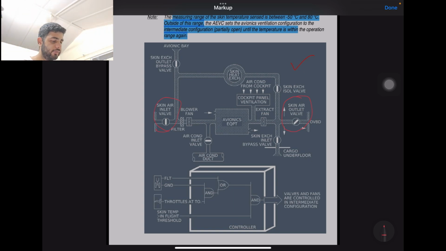So if you can imagine it, you can say your intermediate configuration is a closed config, but your skin air outlet valve is partially open, because that small flap is open. That's the point of how your intermediate configuration works.